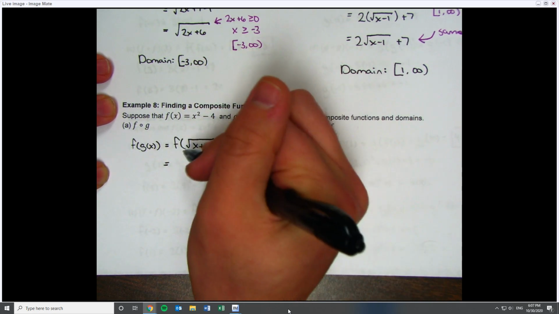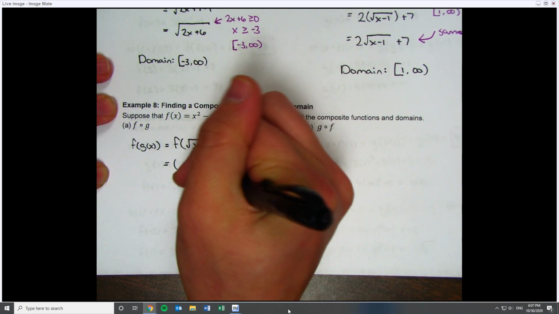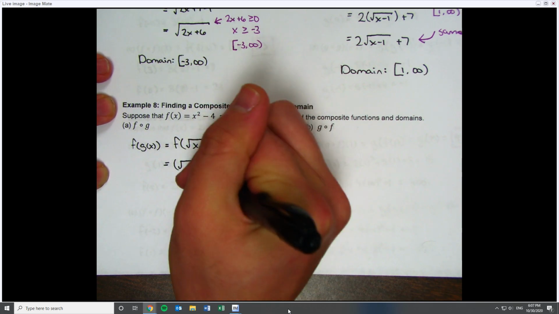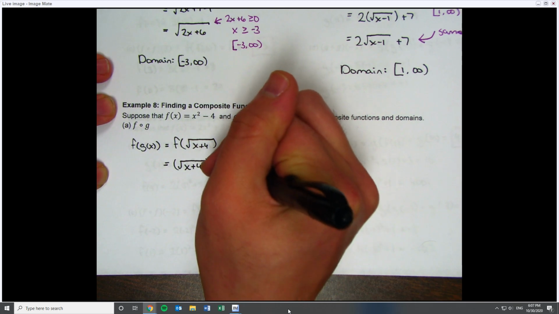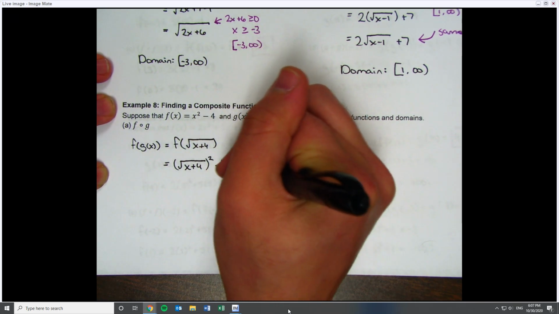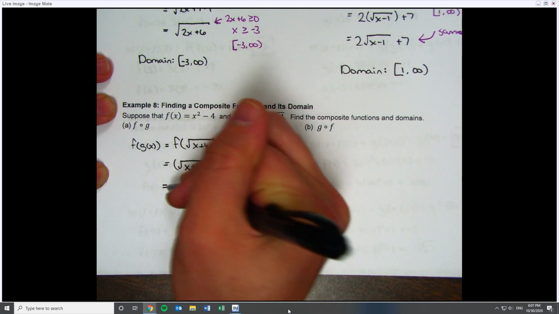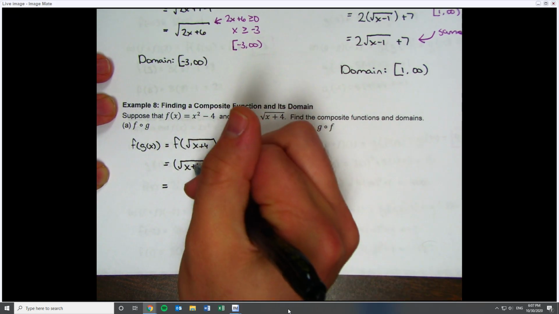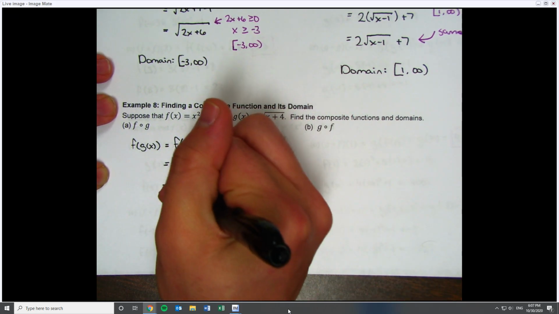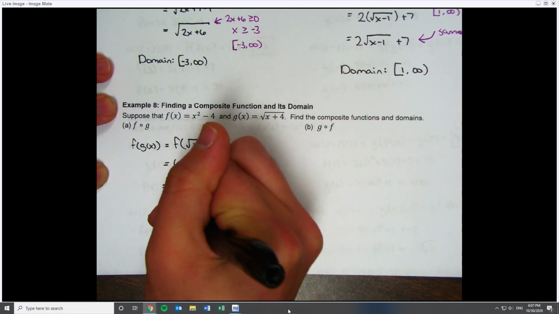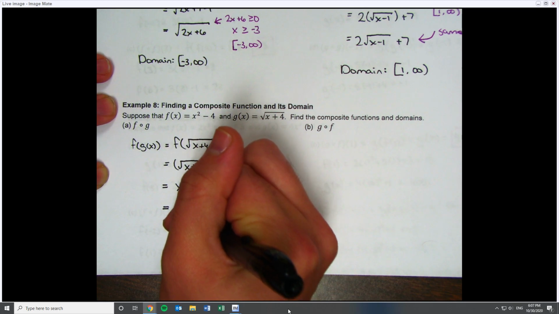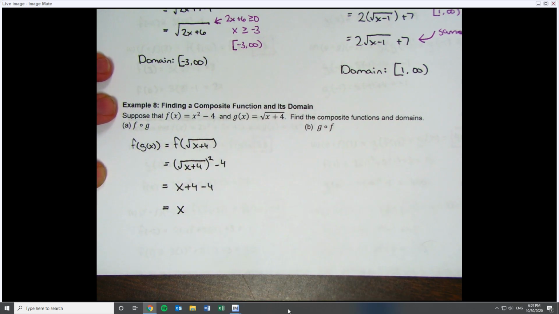So now looking at f, I start with x, so I'll do my parentheses. Now I have square root of x plus 4 squared minus 4. Now simplifying down some, the square root and the square are going to cancel, so I get x plus 4 minus 4. And now I end up with just x. So my final version when this one fully simplifies is just x.